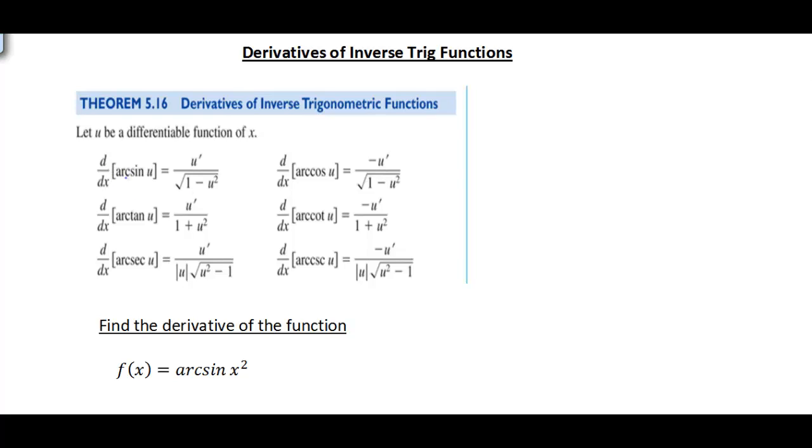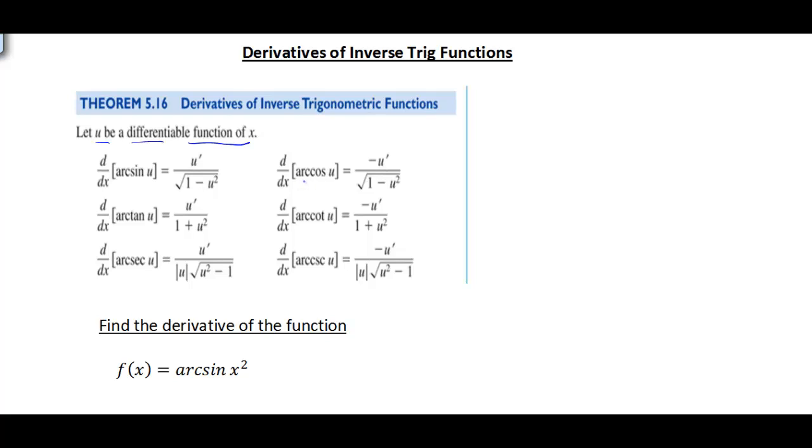We have the derivative of arc sine of u. Now remember here, u is a differentiable function of x. So the derivative of arc sine of u is equal to simply u prime. So you're simply going to take the derivative of u and divide it by the square root of 1 minus u squared. Okay?